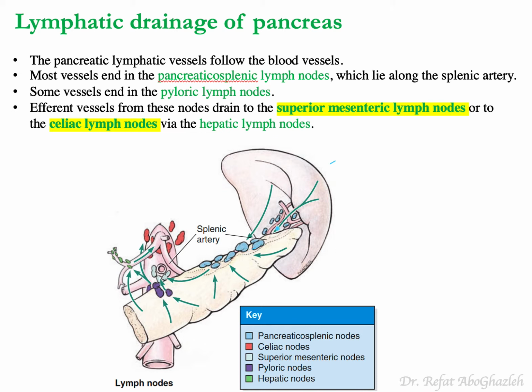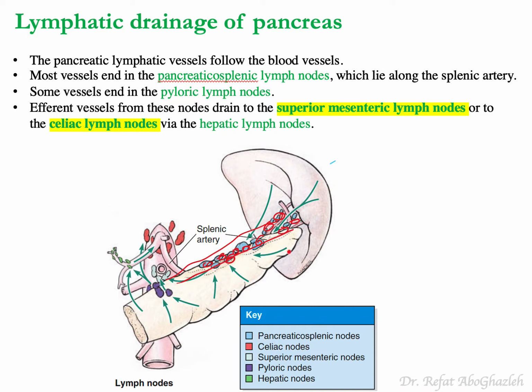Let me show you. First of all, look at the spleen and pancreas. You know there is a splenic artery here, right? So the lymph nodes that are neighbor to or across the splenic artery, these lymph nodes from the pancreas and spleen, are known as pancreatico-splenic lymph nodes.